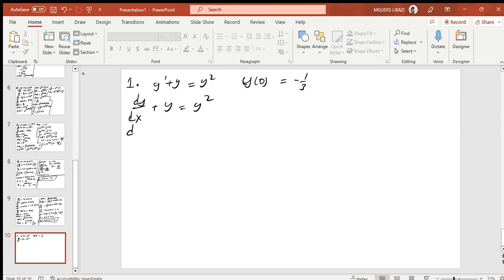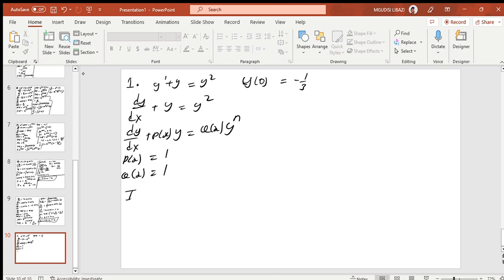Our equation is in the form dy over dx plus p of x multiplied by y is equal to q of x y raised to n, where our p of x will be equal to 1, and our q of x is equal to 1. You can see that the only difference is that in the y we have an exponent, which makes it a Bernoulli differential equation.